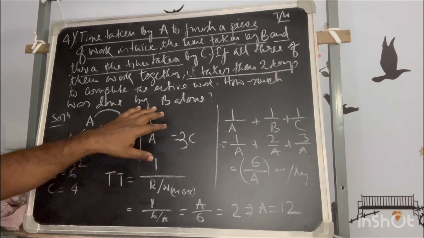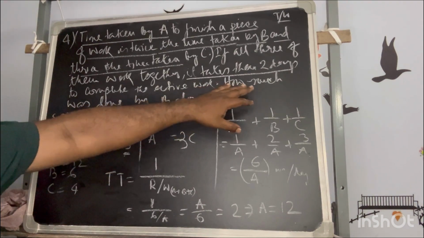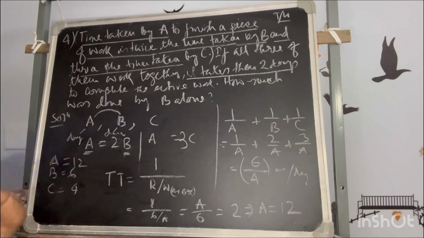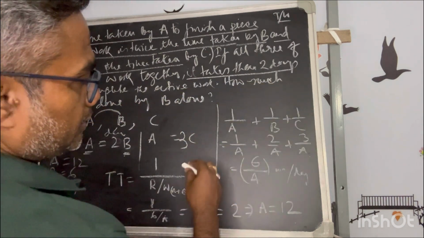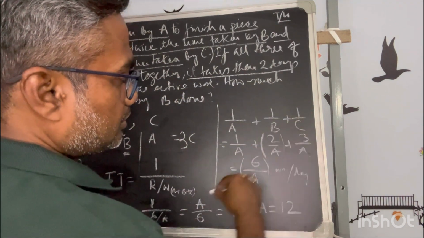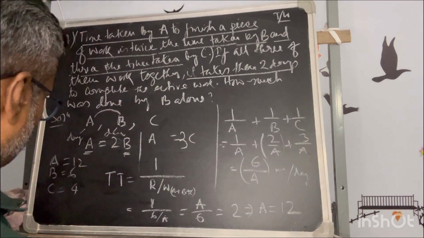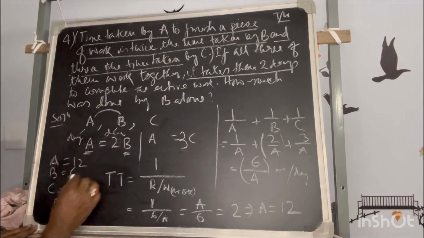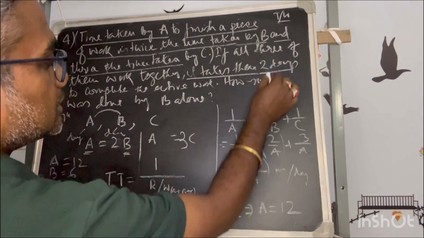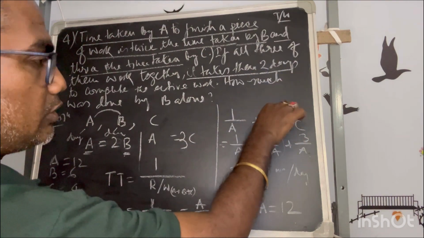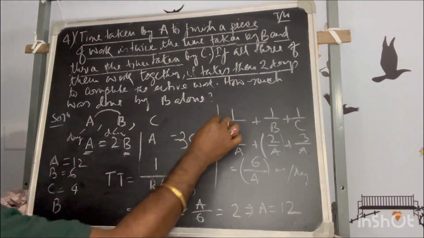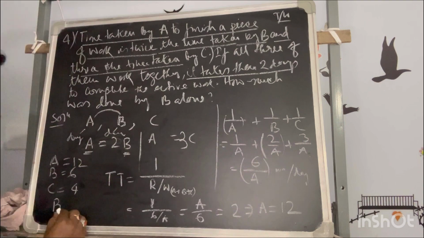So now my next ask is, how much was done by B alone? B's part is done per day, so how much will B do in 2 days? They complete everything together in 2 days, so B also works for 2 days, not more. Everybody works for 2 days. So what is B's part?